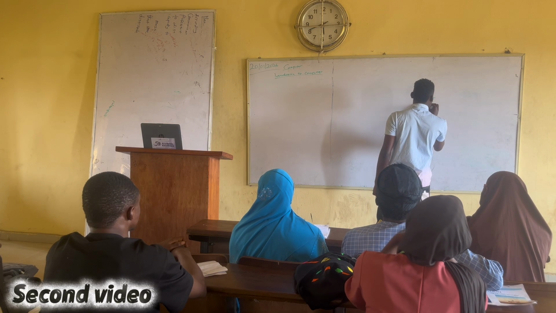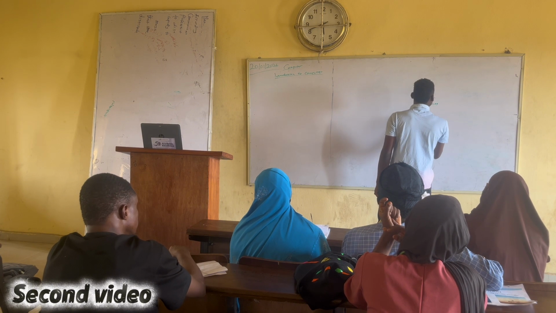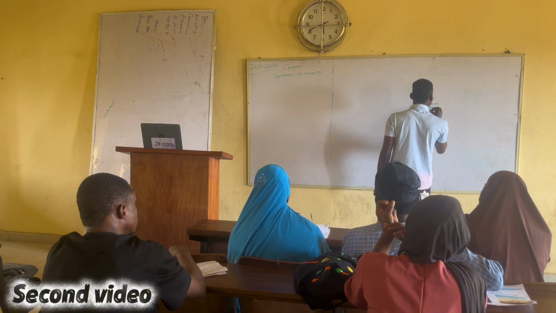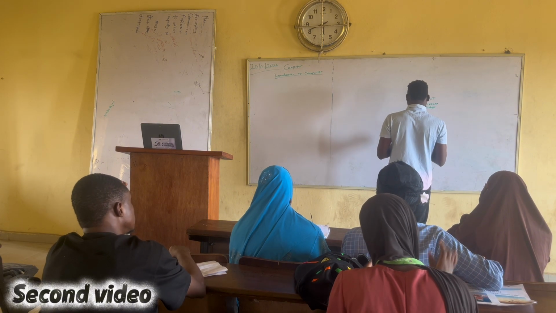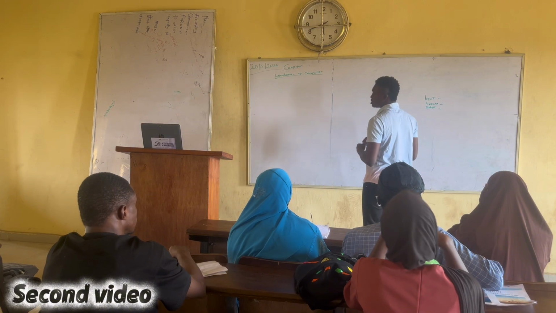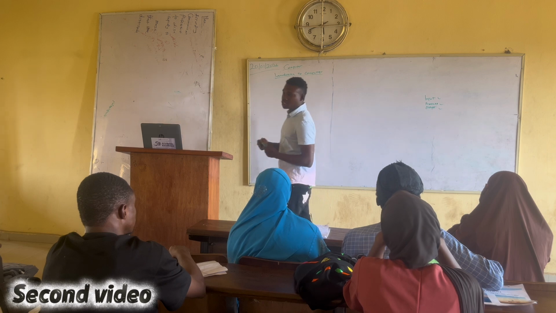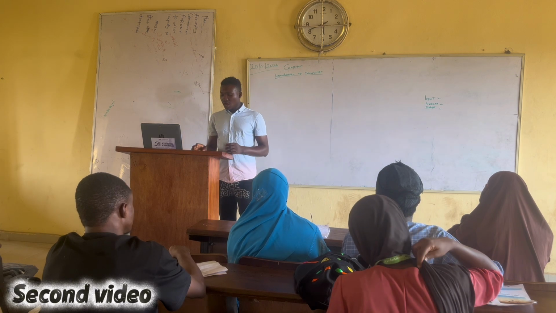Please repeat after me: after input is processing. Then after processing is output. So these three functions are very important. After inputting something in your computer, it processes it and then brings out output.